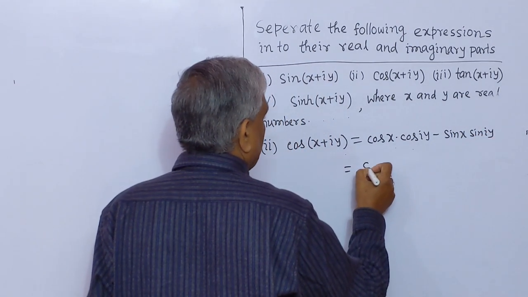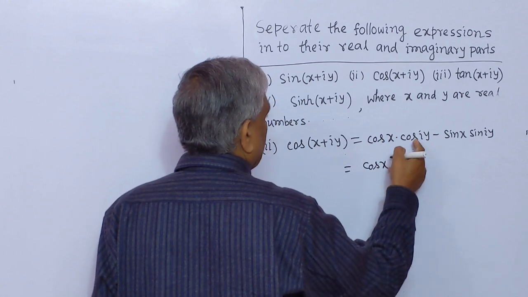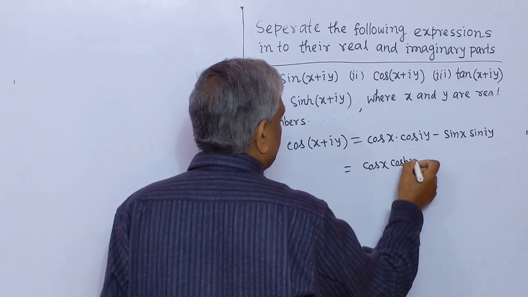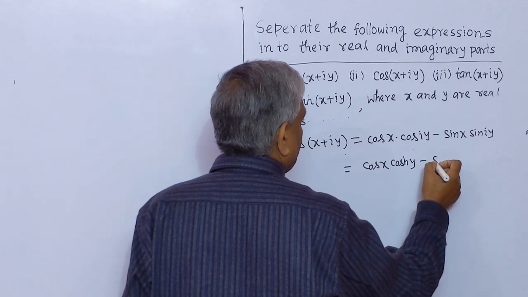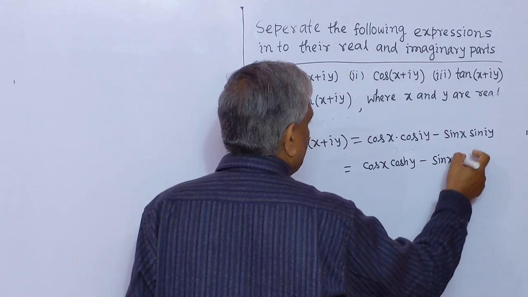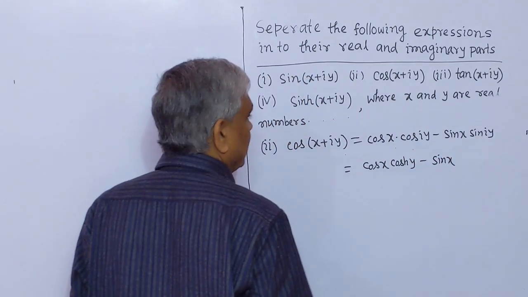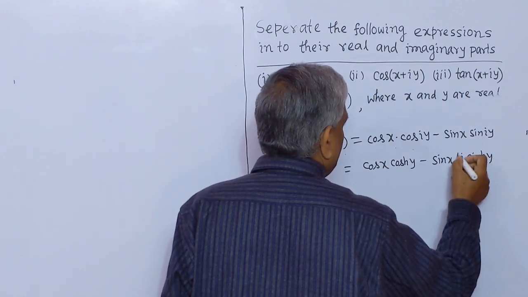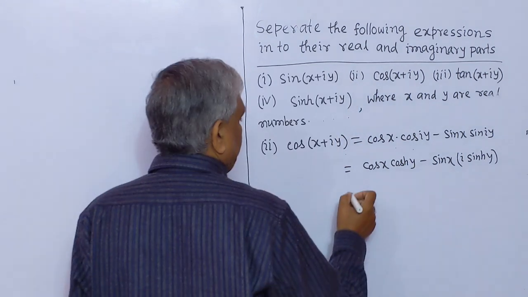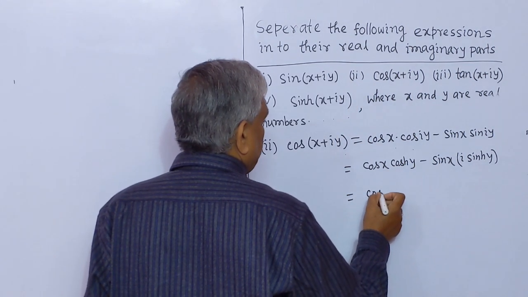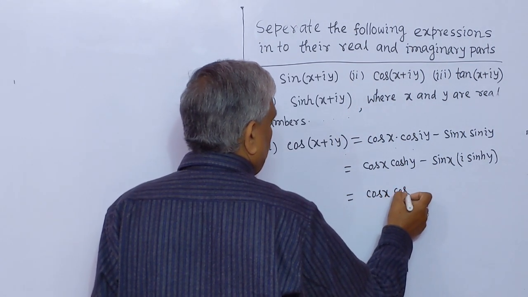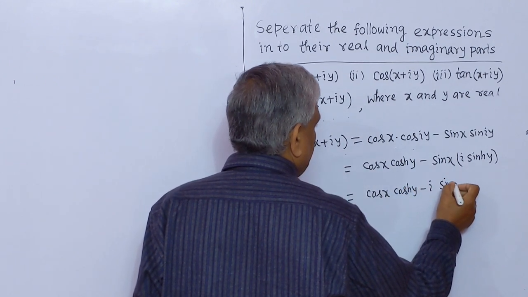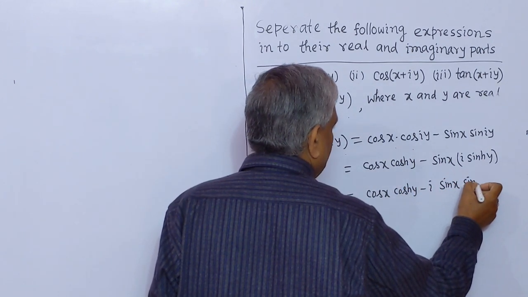This is equal to cos x, cos iy is cosh y, minus sin x, sin iy is i sinh y, and this will be equal to cos x cosh y minus i sin x sinh y.